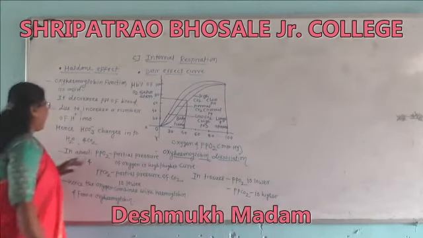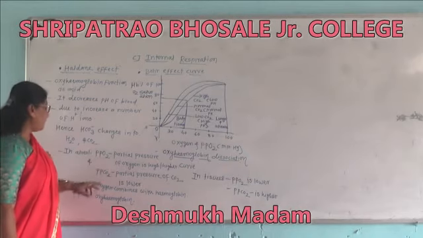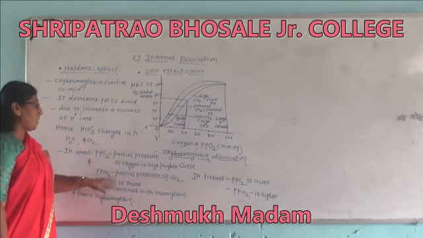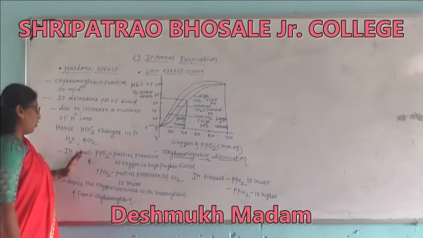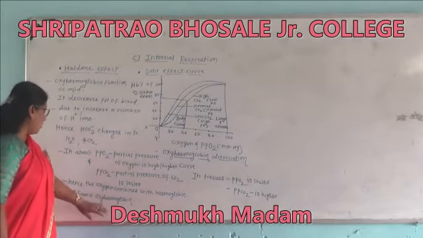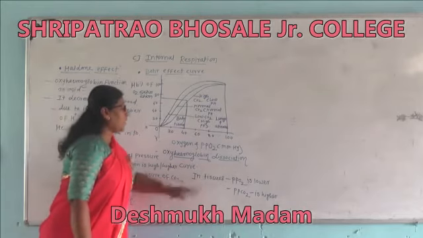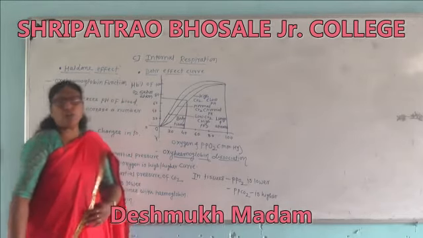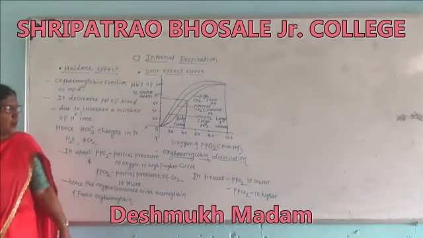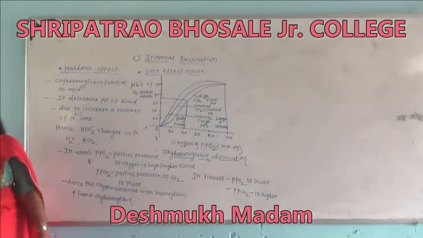We see in alveoli, partial pressure of oxygen is high and partial pressure of carbon dioxide is lower. Hence, the oxygen combines with hemoglobin and forms oxyhemoglobin. But in tissues, partial pressure of O2 is lower and partial pressure of carbon dioxide is higher.